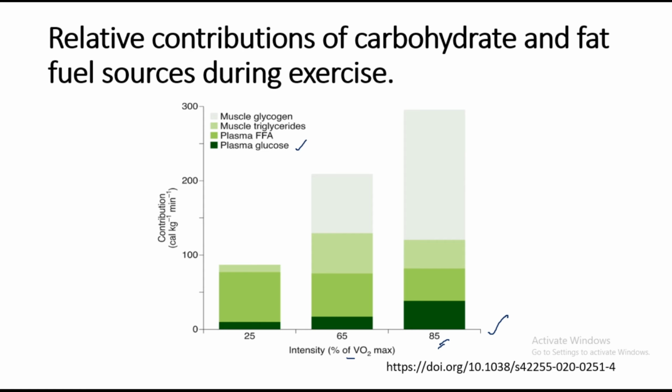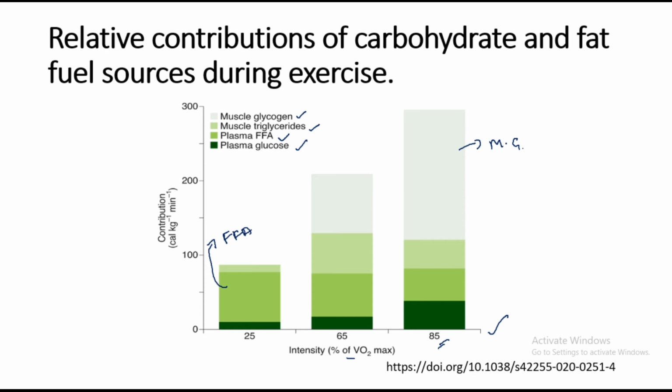Here the plasma glucose, FFA (free fatty acids), triglycerides, and muscle glycogen, how these substrates contribute depends on your intensity of exercise. As you increase your intensity of exercise, the majority contribution is made by muscle glycogen, and with low intensity, the majority contribution is by free fatty acids.